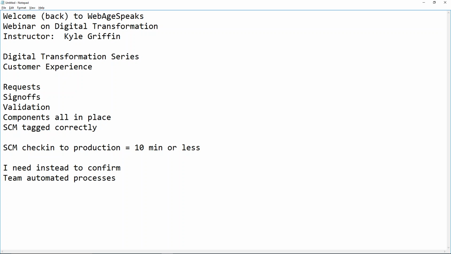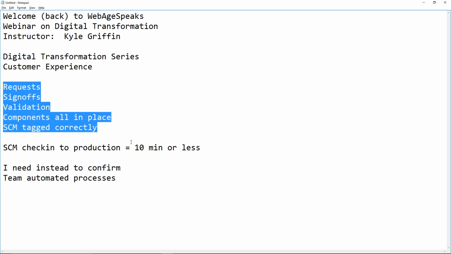I need instead... this is a manual method of release management.